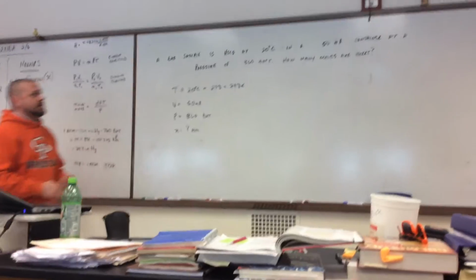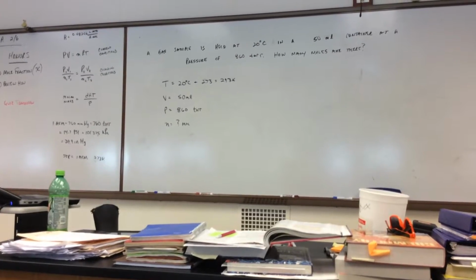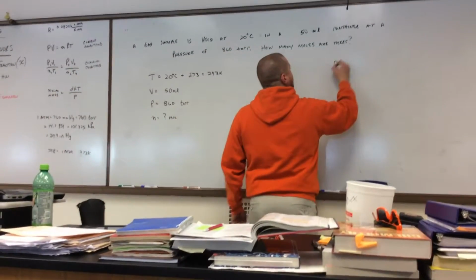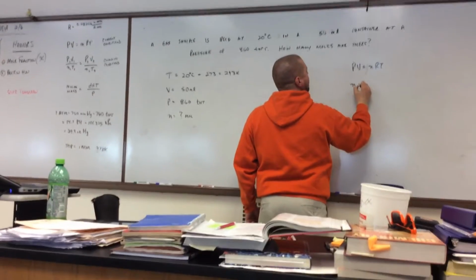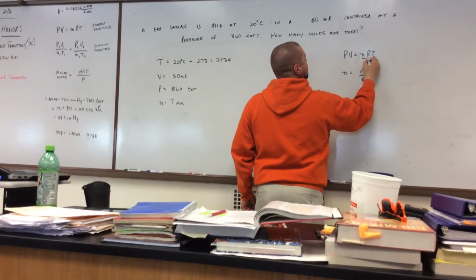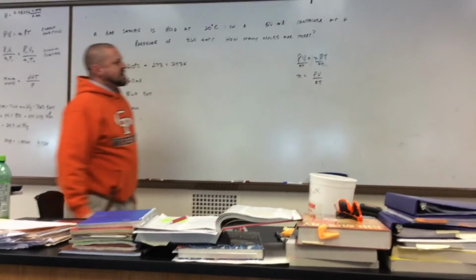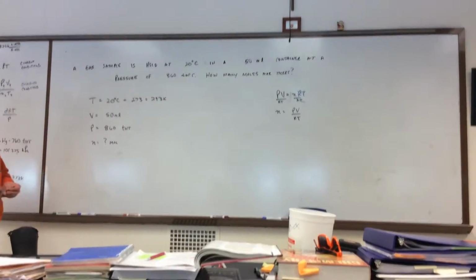So right at this point, I'm done reading the question, and I can see this is not a changing set of conditions. So what I'm going to be solving for is PV equals nRT, or n equals PV over RT, dividing both sides by RT. And once I see that R is involved, now all my units have to be in proper units.